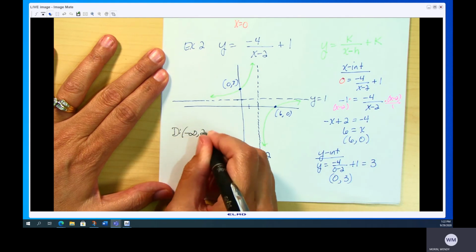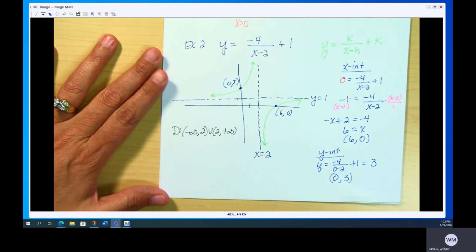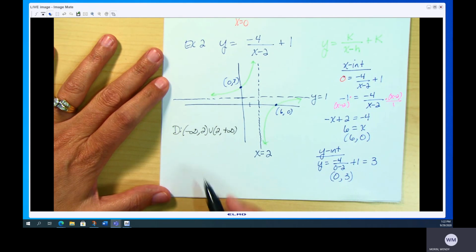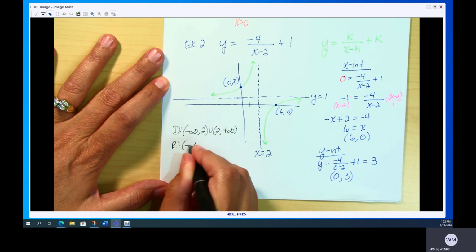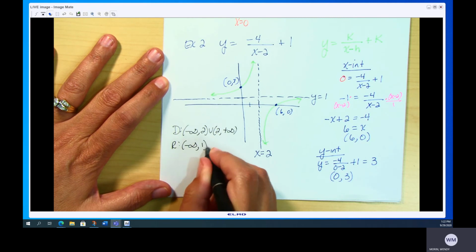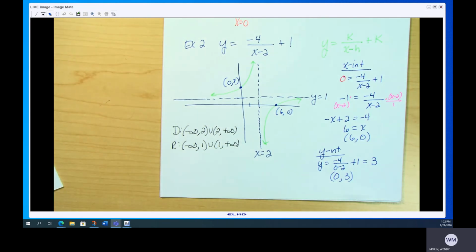Negative infinity to 2, 2 to positive infinity. No brackets. You're not including anything. How about the range? Everything except 1. All y values except 1. Okay?